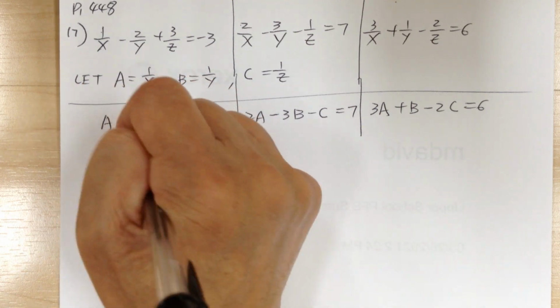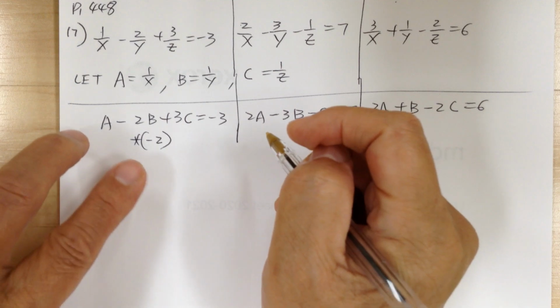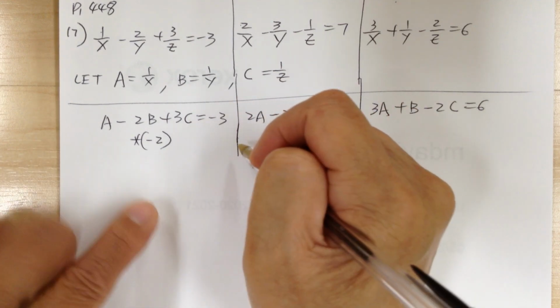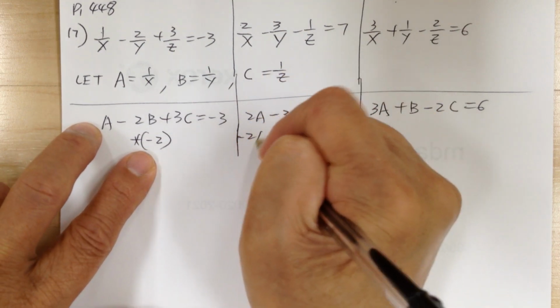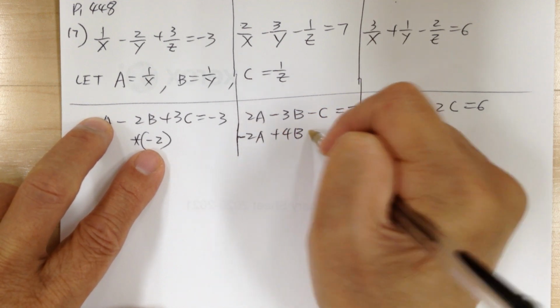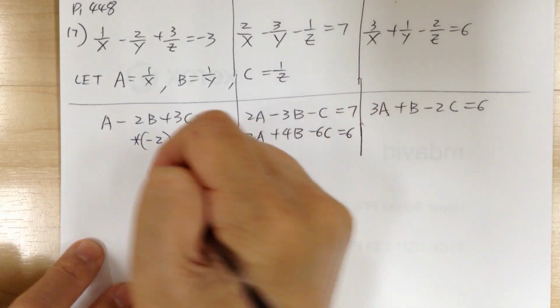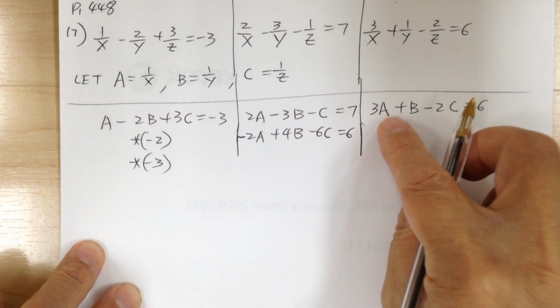So I'm going to multiply by negative 2. And again, I don't want to write it out here because it's going to become messy and confusing. So I'm going to use my finger, just multiply and put it over here. So it'd be minus 2a plus 4b minus 6c equal to 6. And I'm going to multiply by negative 3 to eliminate with this one.